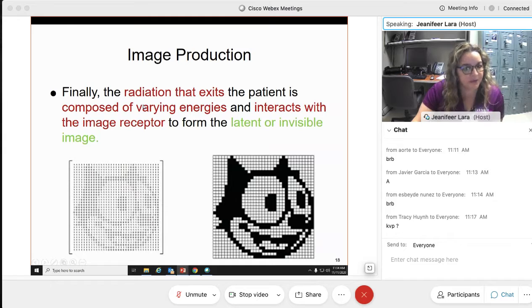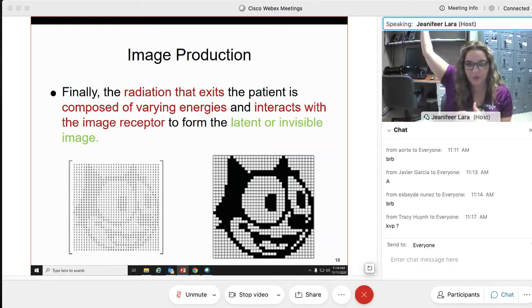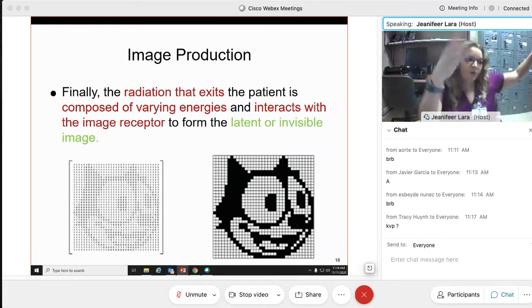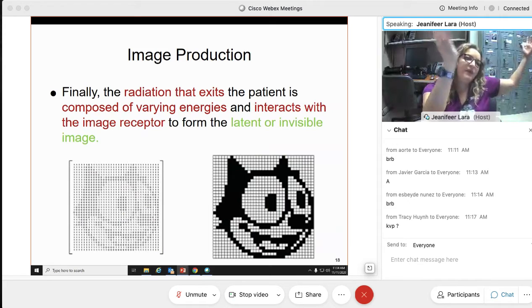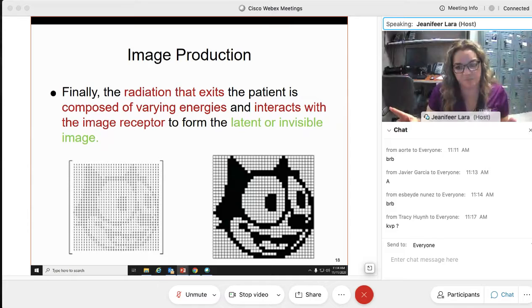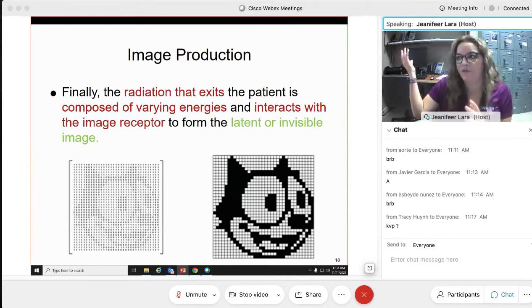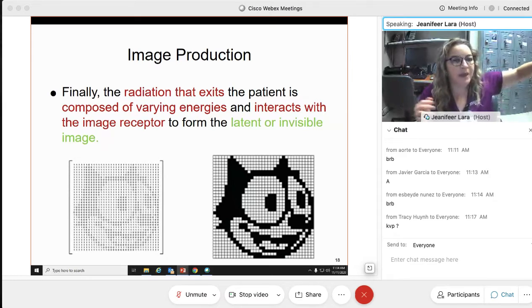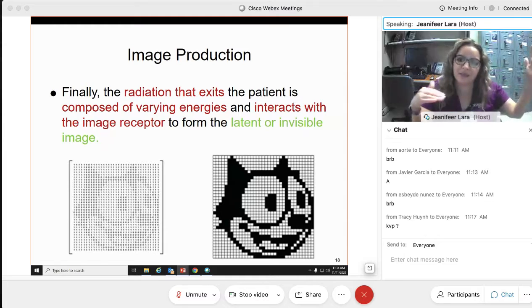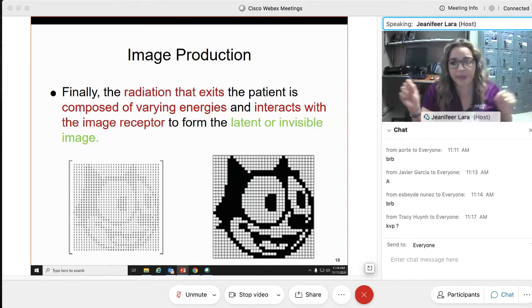Now, it was easier to determine the emission spectrum when we set this high kVp, right? We set this high kVp and we were able to see the bremsstrahlung X-rays versus the characteristic X-rays on an emission spectrum. Remember the emission spectrum graph where the Y was the quantity and the X plane was the energy?